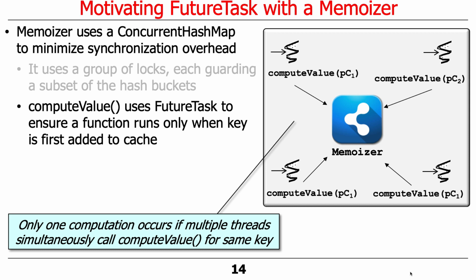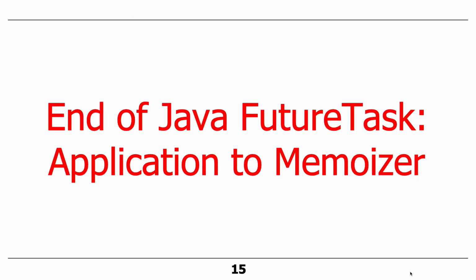If multiple threads were to simultaneously all call compute value on the same Memoizer with the same key, they would end up only having a single call to the function that computes the value associated with the key. So it's very clever not to allow more than one call to this function to occur, no matter how many threads call on the same, non-existent key simultaneously.